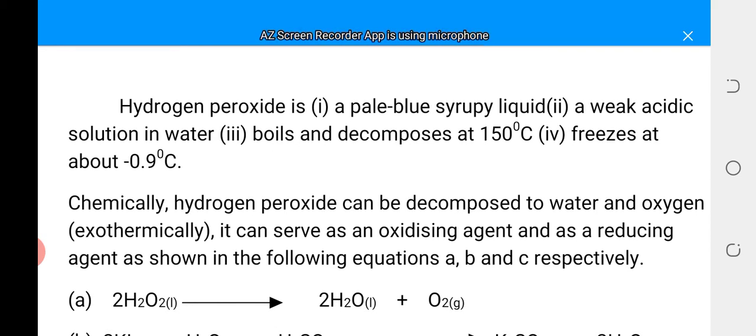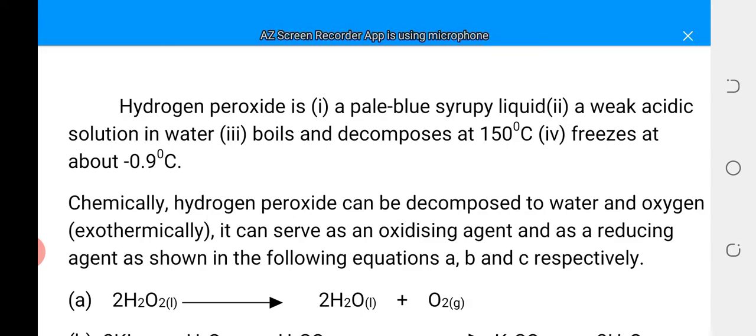Chemically, looking at its chemical properties, hydrogen peroxide can be decomposed to water, like I've said, and oxygen. That takes place exothermically. Hydrogen peroxide can serve as an oxidizing agent in some reactions, and it can also serve as a reducing agent in other reactions, depending on where it finds itself. If it finds itself in the presence of a strong oxidizing agent, it will behave as a reducing agent.